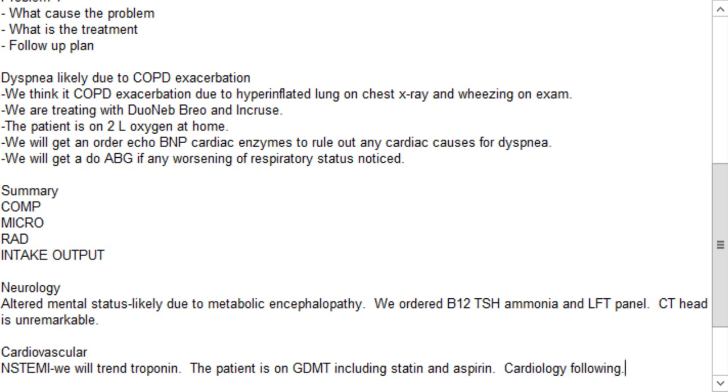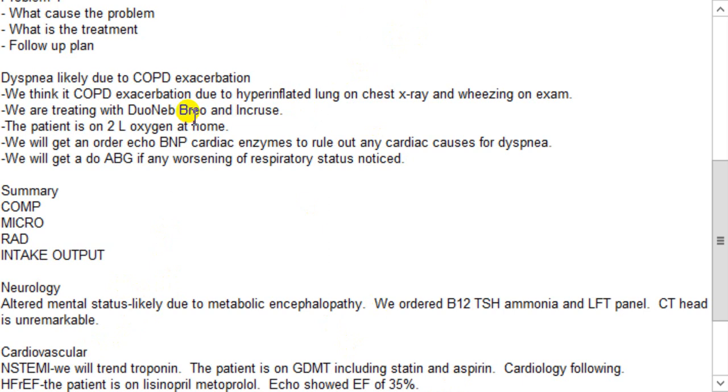Next line, HFrEF, hyphen, the patient is on lisinopril, metoprolol. Echo showed EF of 35%. So this is kind of an example, okay? So I'm going to continue the systems.